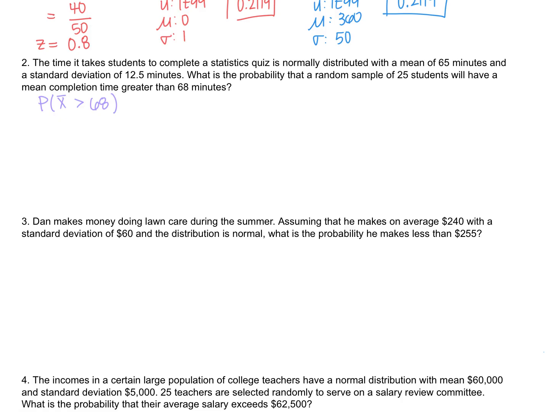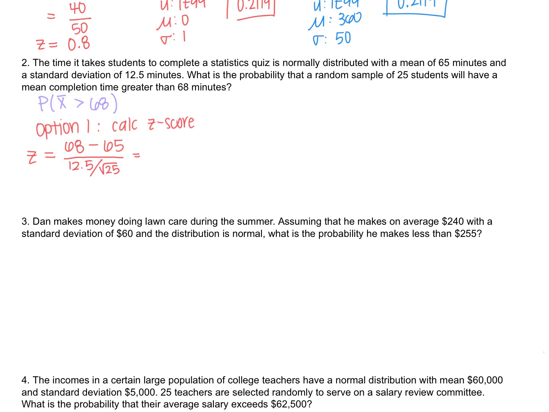So for option 1, which is to calculate the z-score, the numerator doesn't change. My numerator is still going to be the value from my probability statement, 68 minus my mean, which is 65. The standard deviation is going to change though, because I need to calculate the standard deviation for my sampling distribution. So we take the 12.5 and divide it by the square root of our sample size, which is 25.